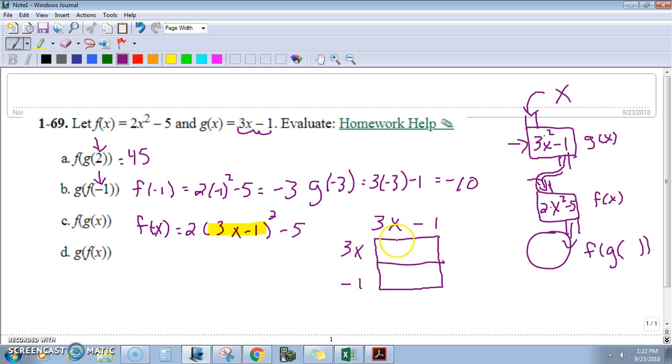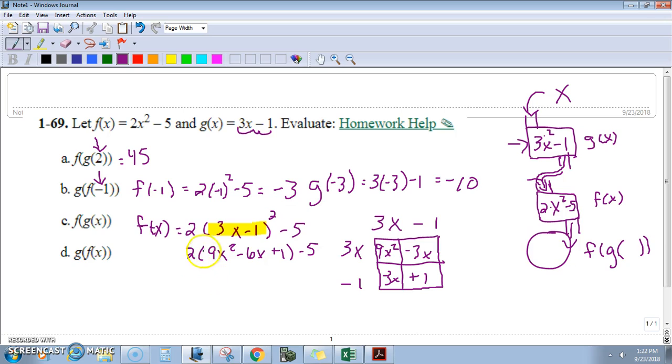So this would look like 9x squared minus 3x minus 3x plus 1. Then that would look like 2 times 9x squared, and I'm going to combine those x terms to just be negative 6x, plus 1 minus 5.